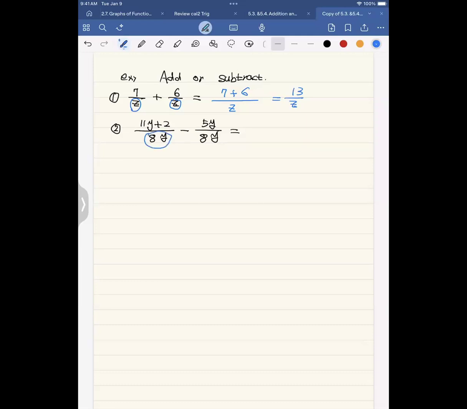In the second problem, the denominators are the same. Those are 8y, so it is 11y plus 2 minus 5y. So that's 8y in the denominator, and in the numerator, we add the numbers together, 11 minus 5, which is 6y, and plus 2.